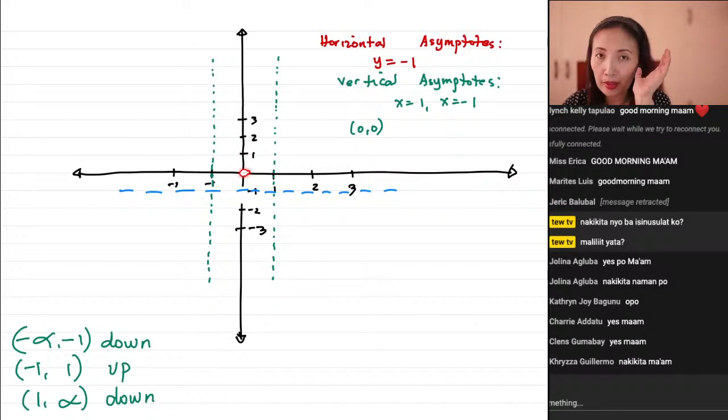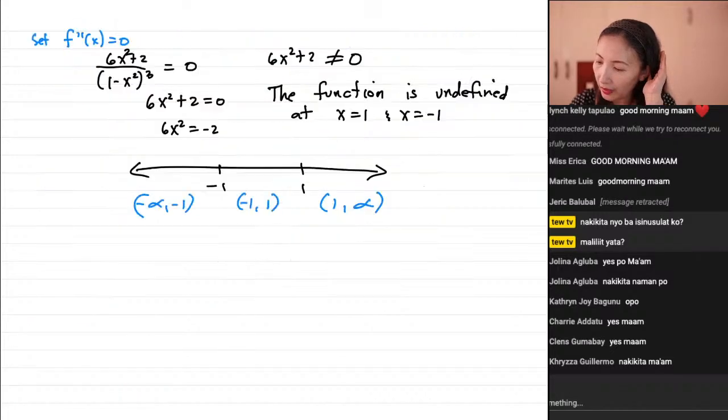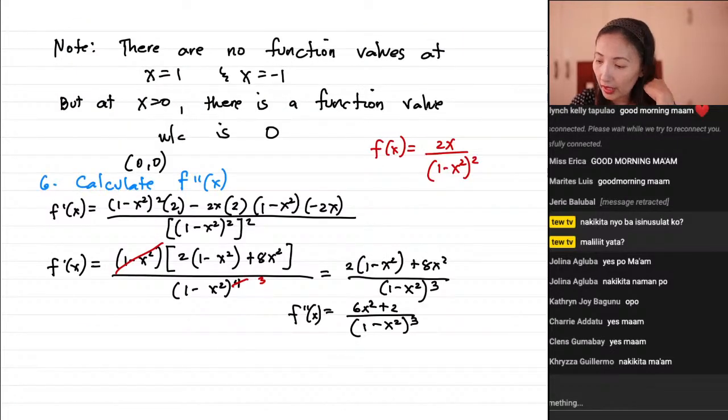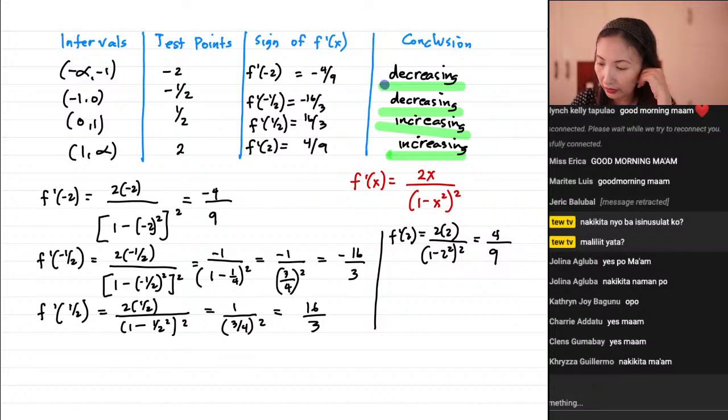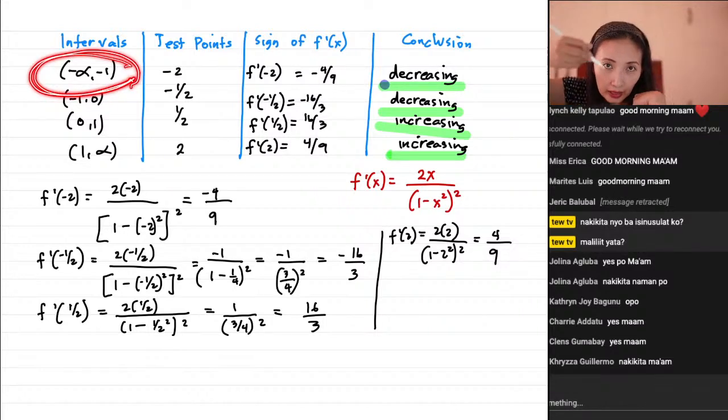So how would the graph look like? Okay, so from 0 to negative 1, it's increasing. Go back once again to step number 5. Okay, from negative 1 to infinity, see this? It's decreasing.